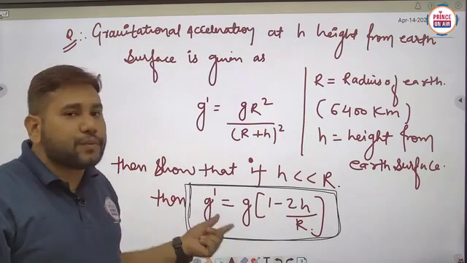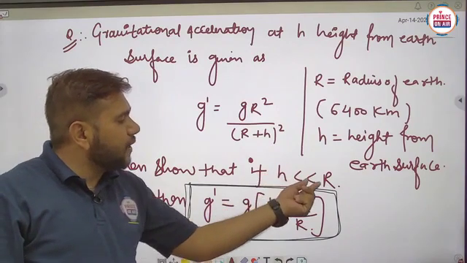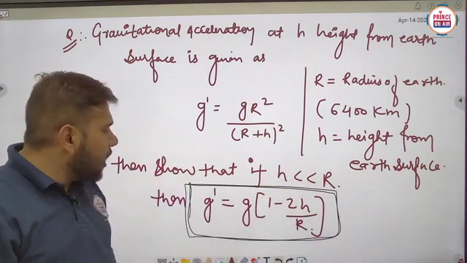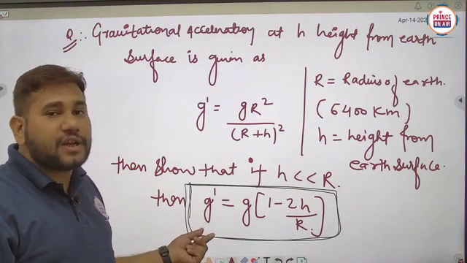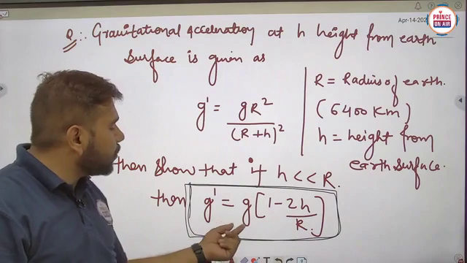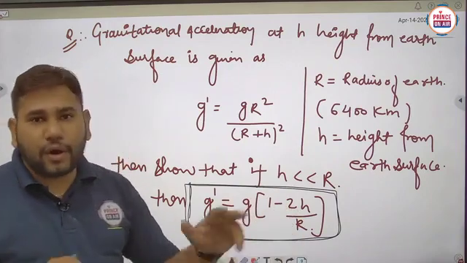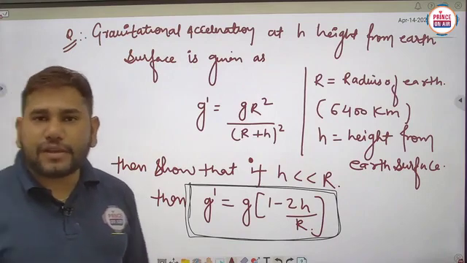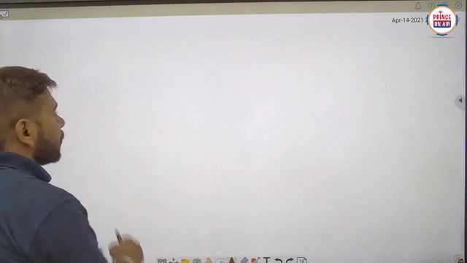Then what we have to show is that if h is very less than r, then g dash will be equal to g (1 minus 2h upon r). Easily we can prove this by using the binomial expansion.